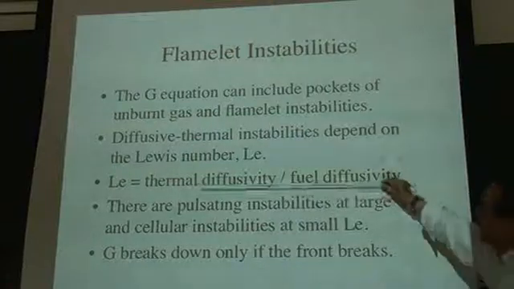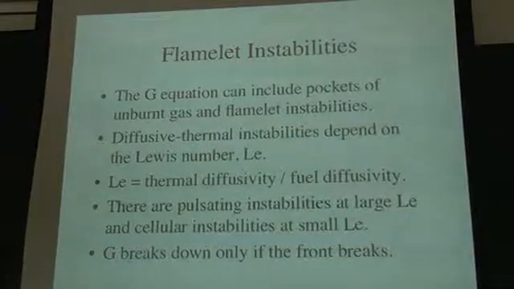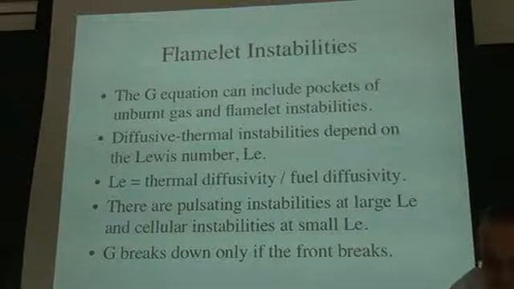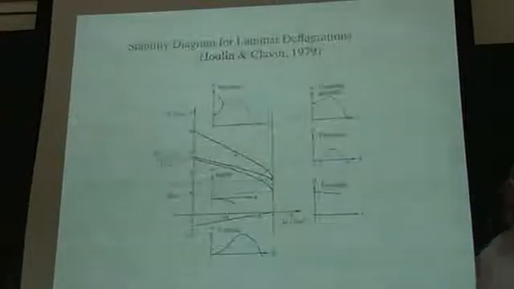The Lewis number is the ratio of thermal diffusivity to fuel diffusivity. There are pulsating instabilities at large Lewis numbers and cellular instabilities at small Lewis numbers, and the G description breaks down only if the front breaks.